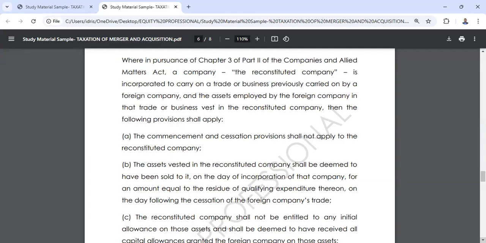What this is saying is that, after the company has been reconstituted, the qualified capital expenditure is going to be stated at residual value.